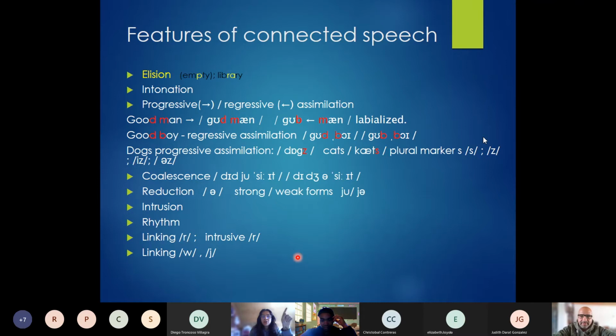The content words was the one that has no weak form? I can't remember that, or it's not related. It is. Content words, I would say, only have a strong form.